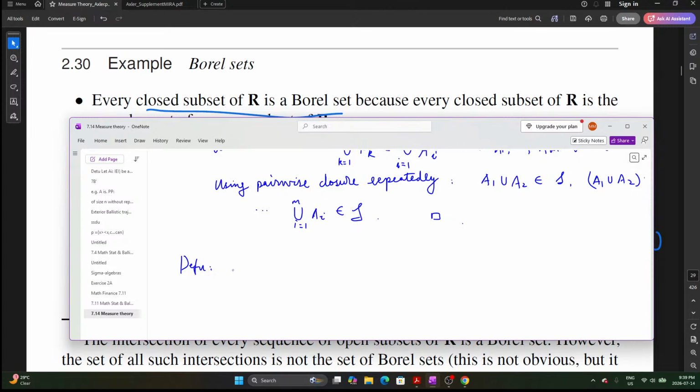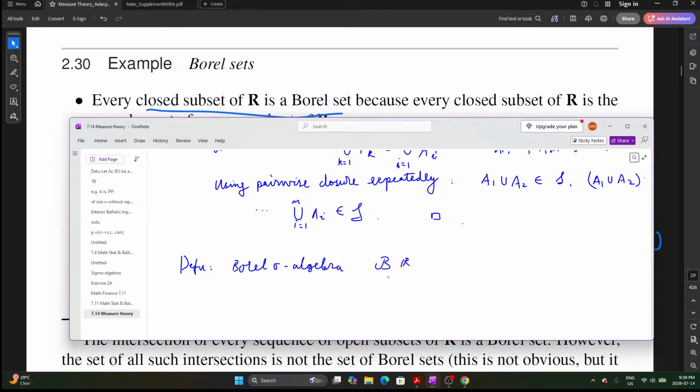Let's give it a notation, shall we? Borel sigma algebra, we usually write B(R).